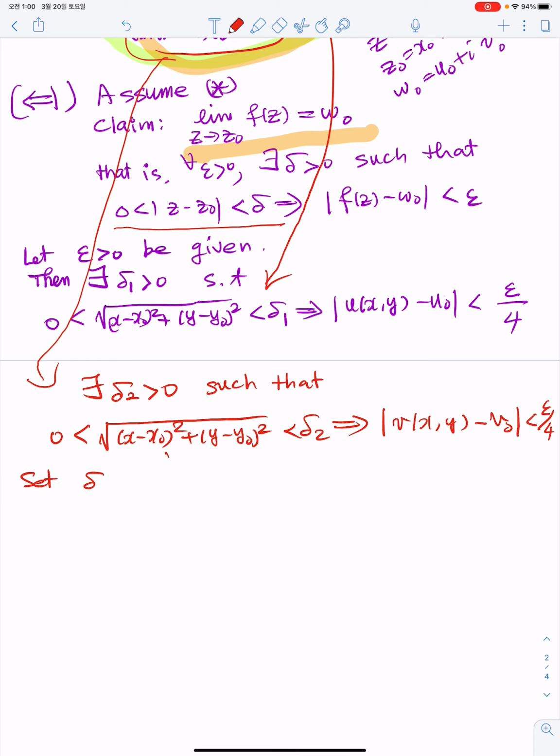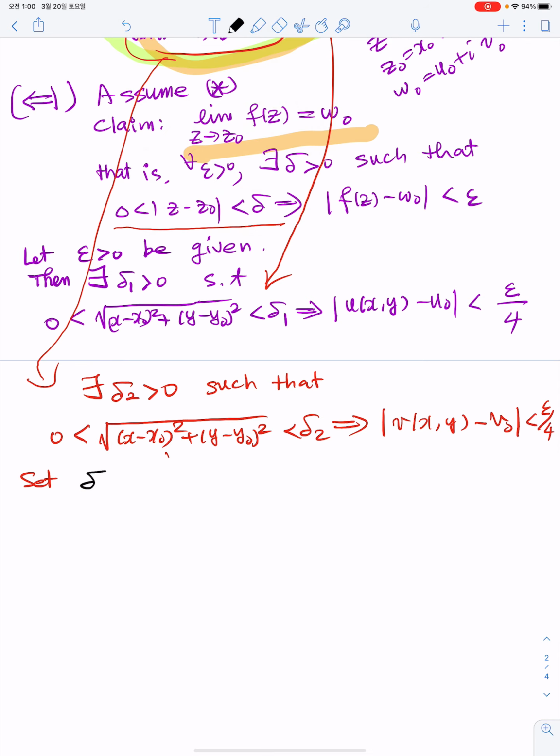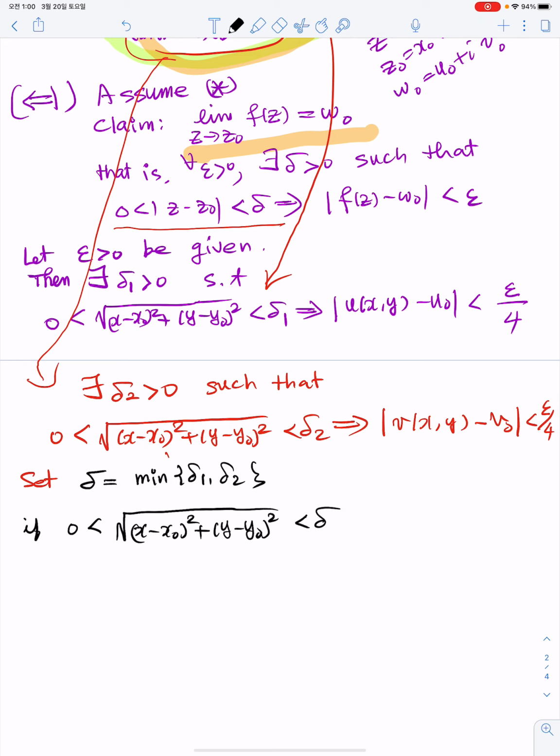Then let's set delta equal to the smallest one, the minimum of delta 1 and delta 2. So if 0 is less than root of (x minus x0) squared plus (y minus y0) squared, which is less than delta, this is exactly |z minus z0|.